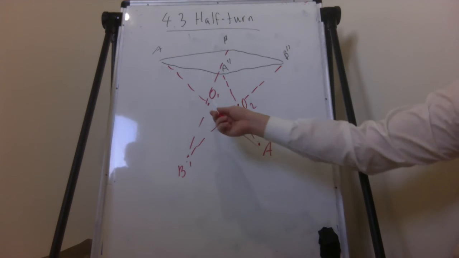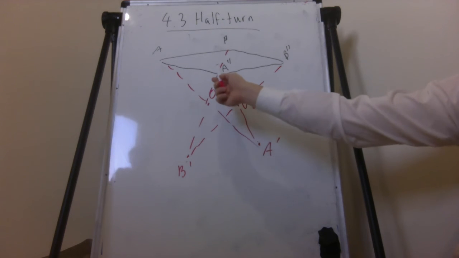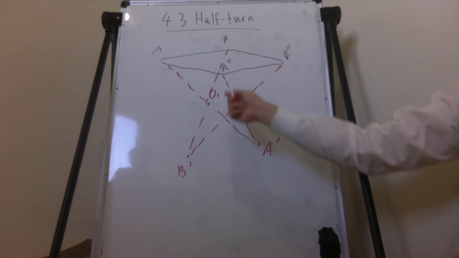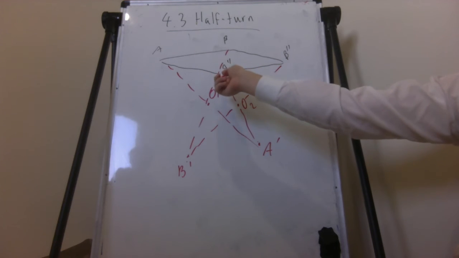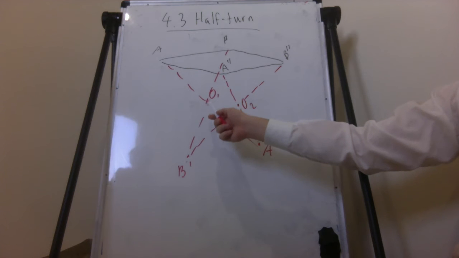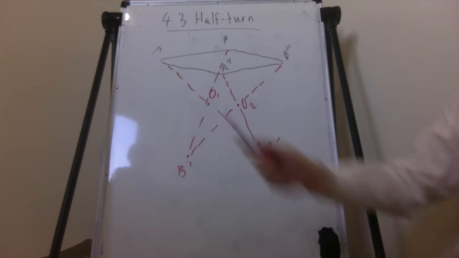O1 O2 we said was parallel to something. So it's parallel to A double prime, because that's the midpoints. And it's also parallel to B double prime, so they're parallel to each other.